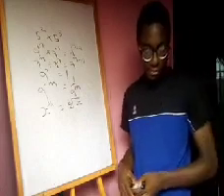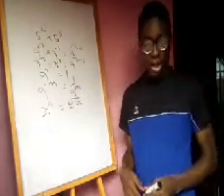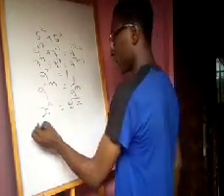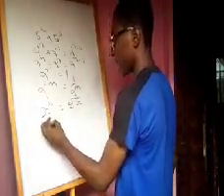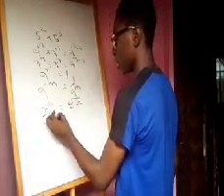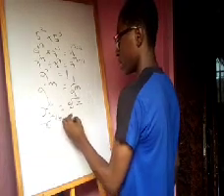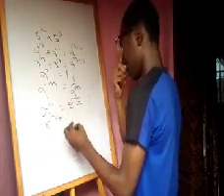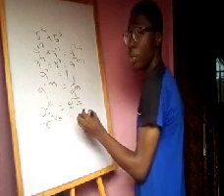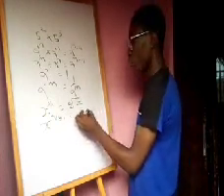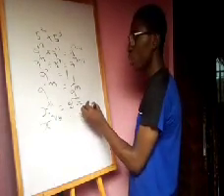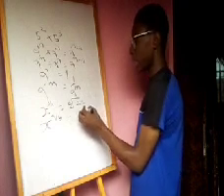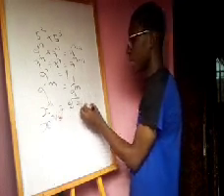Then lastly, we have x raised to power a over b. So this is fractional indices again. When you have your number x raised to power a over b, the number on top, a, is the power you raise x to, so that will be x raised to power a.